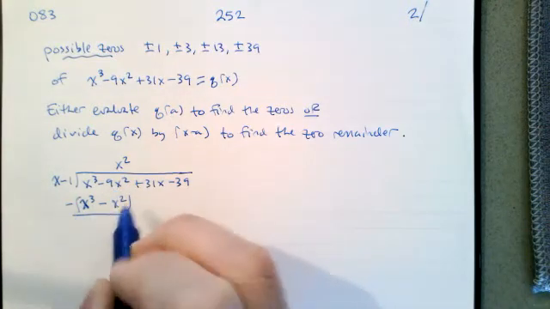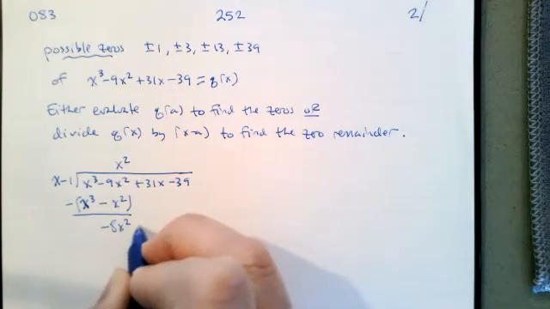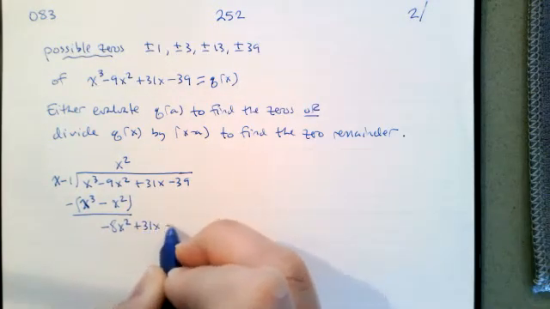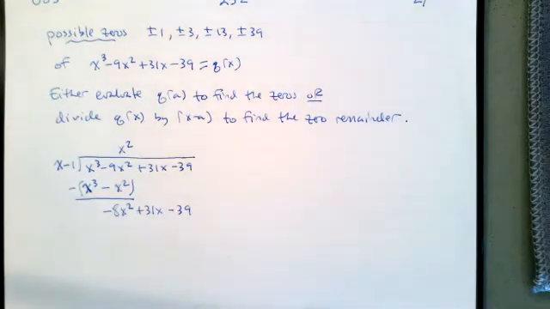-9 minus a -1 will give us a -8x squared. Now I'm asking the question, how many times can I subtract x from -8x squared?